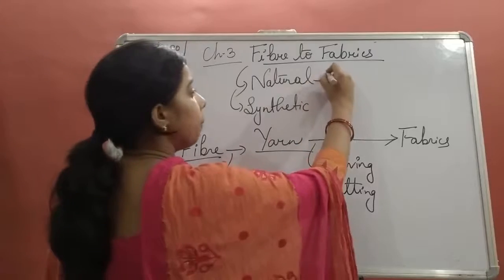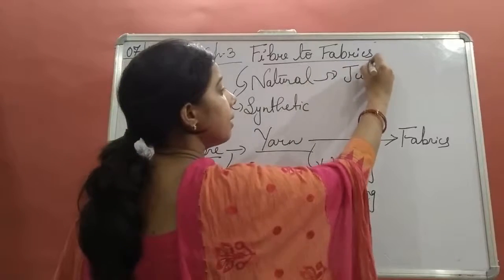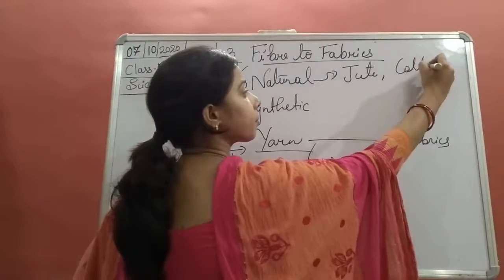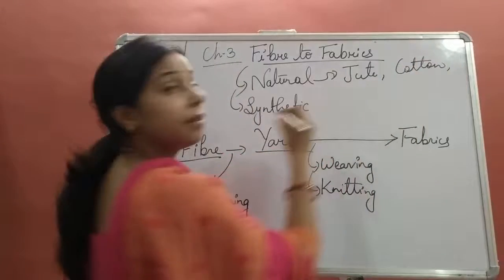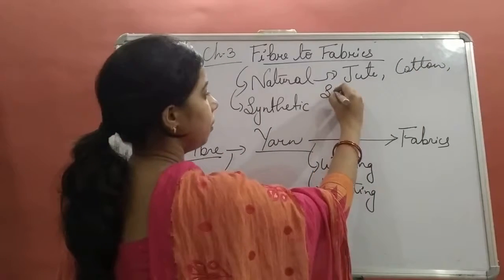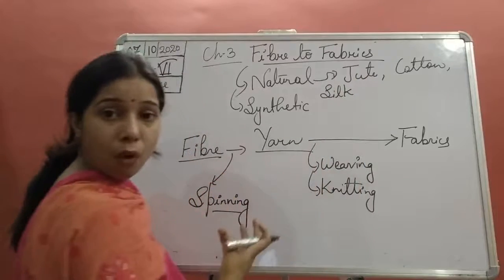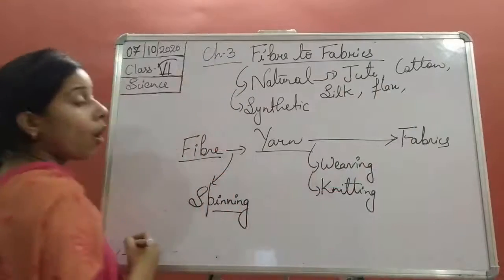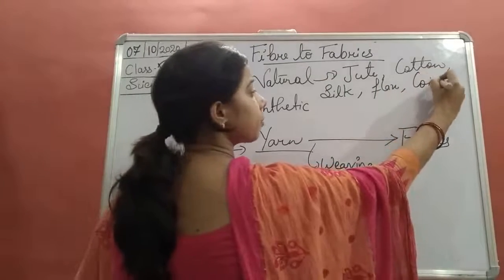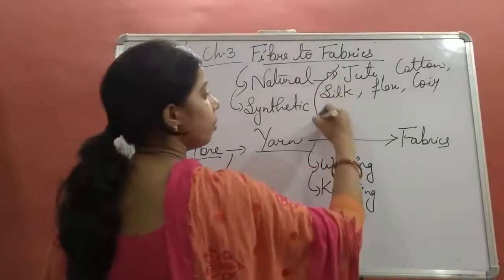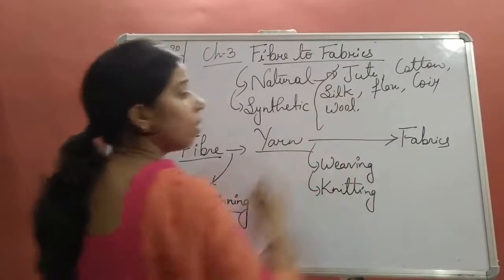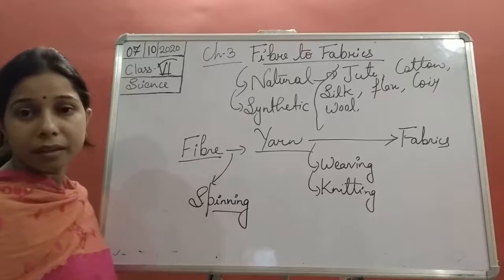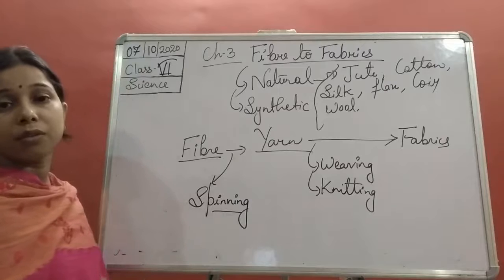So basically you see students, if jute is there which we obtain from the plant, or cotton is there, or silk is there which we obtain from silkworm, flax is there which we obtain from the plant itself, or coir is there, or wool is there.